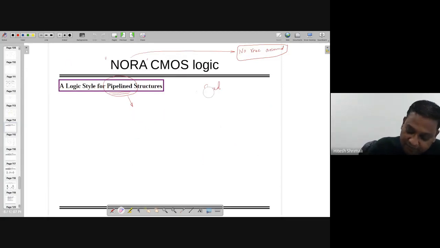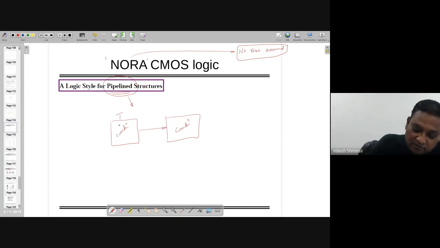If you remember, when we were talking about the different cascades of the stages in the combinational logic, we studied the last topic of the combinational logic, where you are changing, like the first gate was connected with the second gate and the second gate was connected to the third gate and so on.